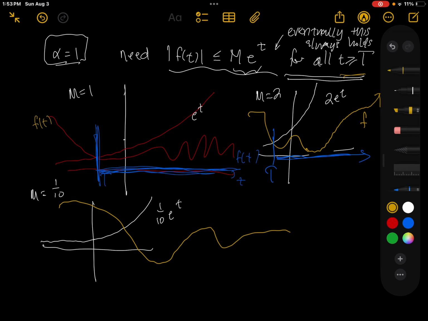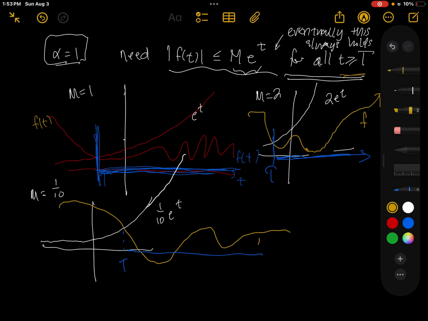This function f would be of exponential order 1, because if you take m to be 1/10, then past this point, to the right of capital T, your little f is always below the graph of 1/10 e to the t.